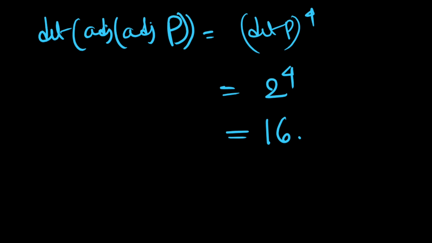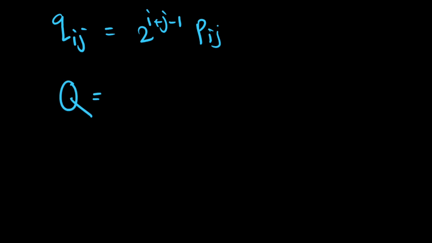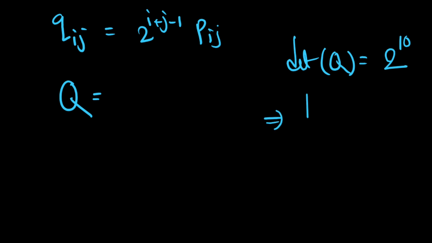Now we see the options of this question. We see the second option is the correct option. Therefore, overall in this question, given that Qij is equal to 2 power i plus j minus 1 Pij, from here we find the matrix Q and also use the value determinant of Q is equal to 2 power 10. Using this we got the value of the determinant of P is equal to 2.